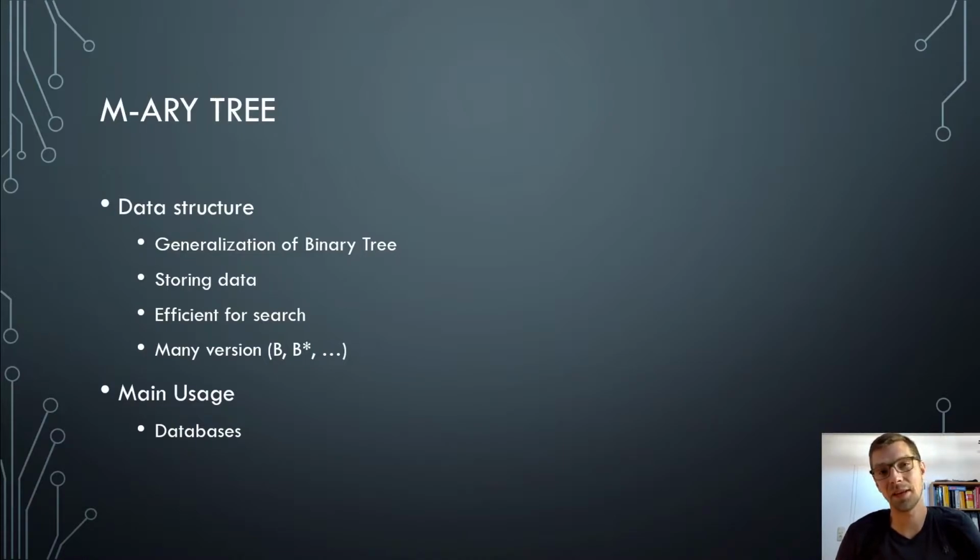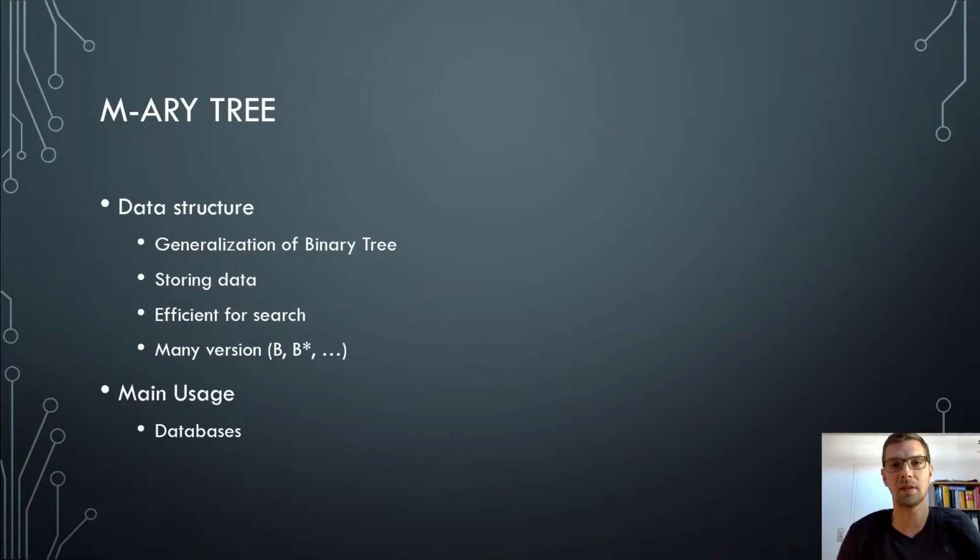Alright, the main usage of the M-Ary tree is in databases, where the keys of the tables are stored in B trees or B star trees, which are special types of M-Ary trees. That is used for real efficient search, insertion and all the operations on databases.